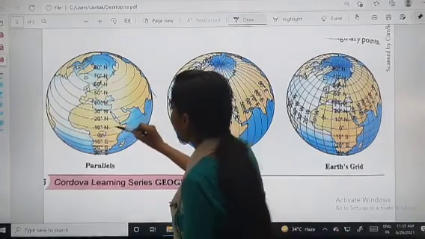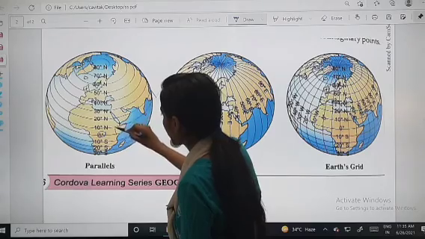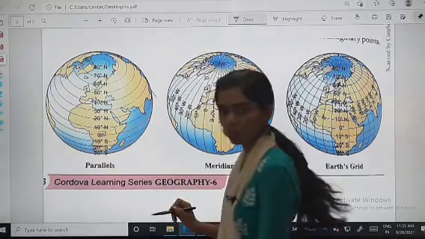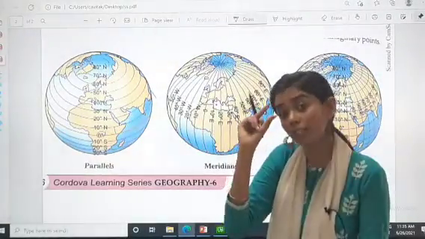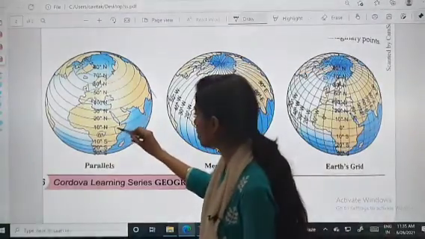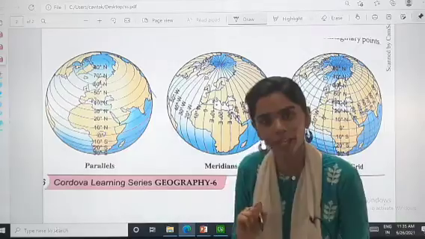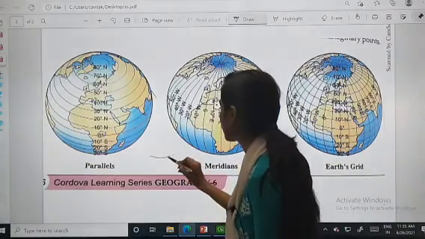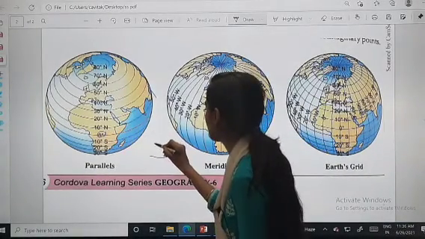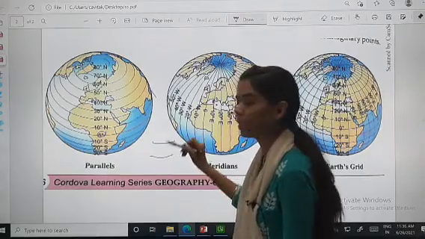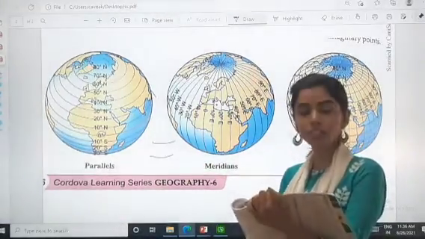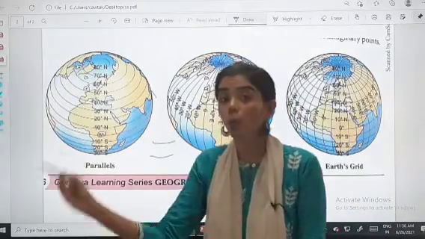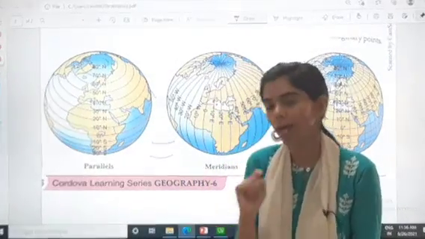Now the distance between 0 degree, 10 degree, and 20 degree is equal, but they are parallel to the equator. If this is your equator, this is the 10 degree line, so they are parallel to each other. Once again, circles that run from west to east are parallels.